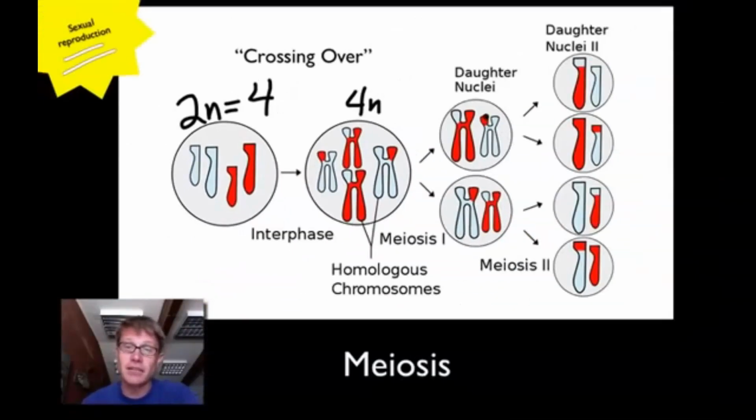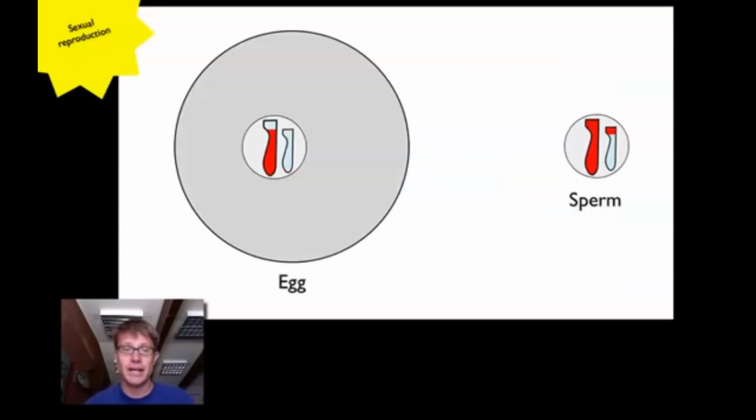They'll divide in half. Now we have 2N cells, and then eventually we'll have N cells, N equals 2. We started with 2N equals 4, and now we have N equals 2. Each of these 4 things in a male becomes a sperm, and in a female, one of them will become an egg, and the other ones will form what are called polar bodies. So what do we get after meiosis?